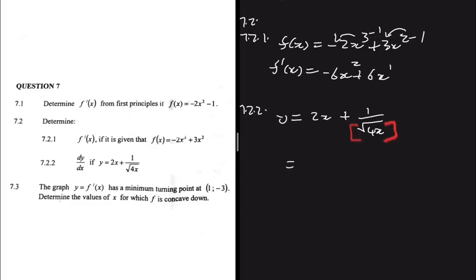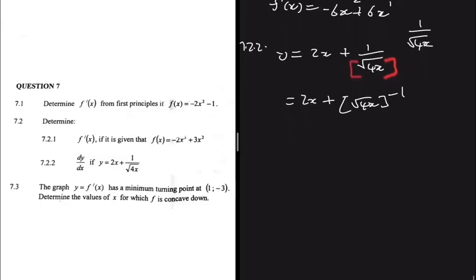So if we do that, we're gonna get 2x plus, and then instead of writing it as 1 divided by square root of 4x, I'm gonna write it as square root of 4x, everything to the power minus 1. It is the same thing, right? And then we're gonna have 2x plus.